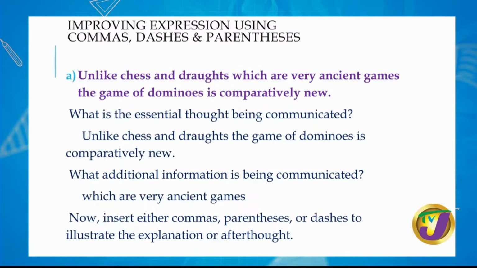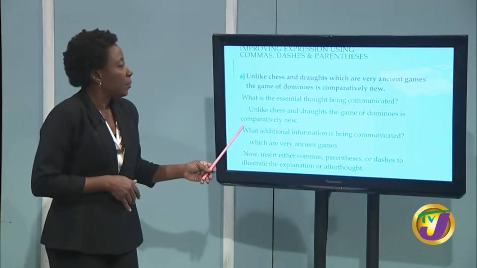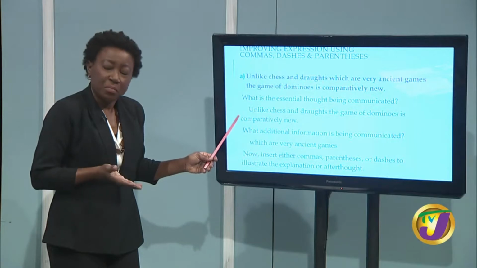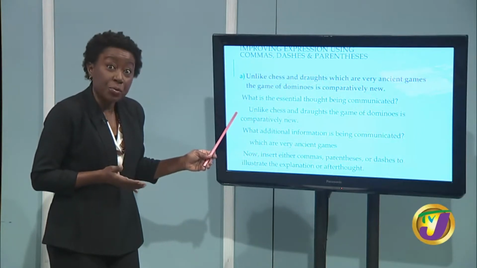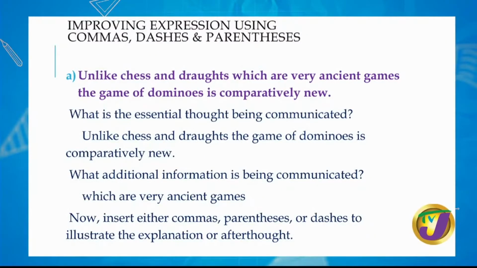You don't need anything more because it's telling you the place that domino has in games in relation to other games. And you get the answer. It is fairly new. Now, what additional information is being communicated though?